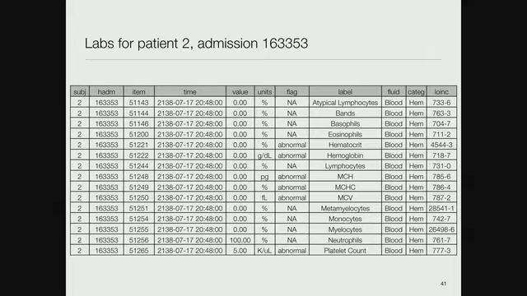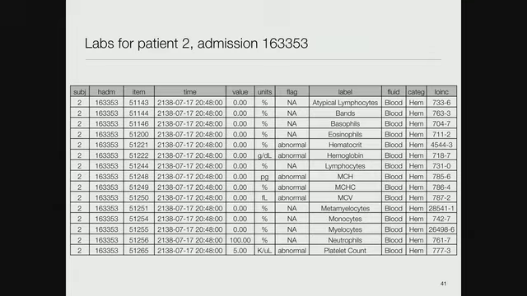This person got a test for their blood, and they reported atypical lymphocytes. So there are a couple of interesting things to note here. One is that some things have a value and others don't. So this is a qualitative measure, so there's no value associated with it.